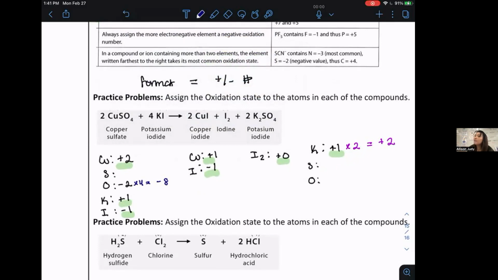So whatever sulfur's oxidation state is, when added to -8, it must add up to -2 to create the overall charge that the polyatomic carries. So sulfur must be +6. That is not a real charge for sulfur. That is the fake charge that we assign it that aligns with our known real charges for that polyatomic.